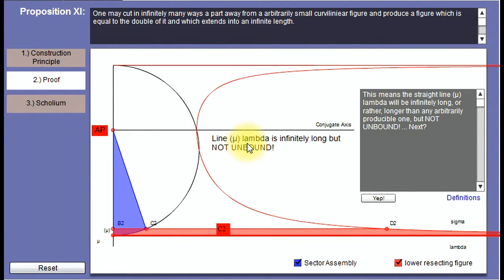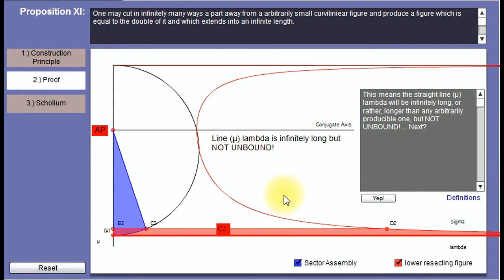And hence it is said that the line micron bracket lambda, which we must imagine an infinite distance away from the axis, is infinitely long, but it is not unbound, because by placing the micron bracket point above the micron point at an infinitely small distance, we eliminate the nature of the asymptote for this very ordinate of the micron bracket point.